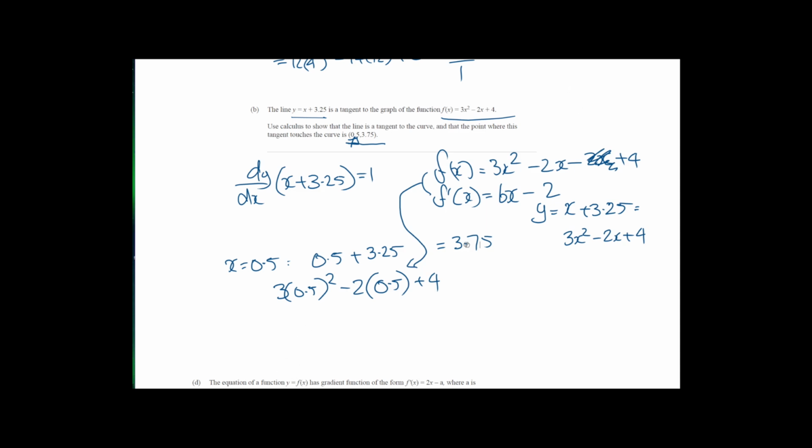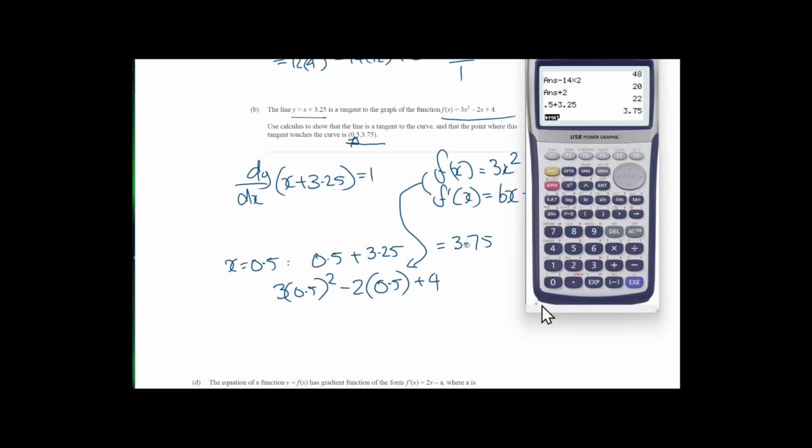And 0.5 for this one. So 0.5 squared, 0.25 times 3 is that, minus 2 times a half is 1, plus 4 equals 3.75.